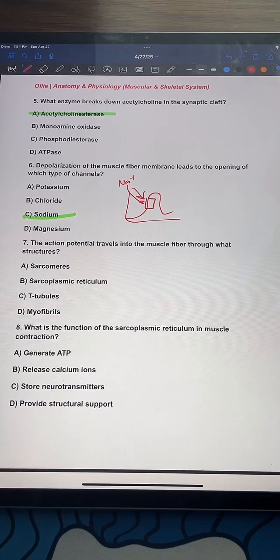The action potential travels into the muscle fiber through which structures?